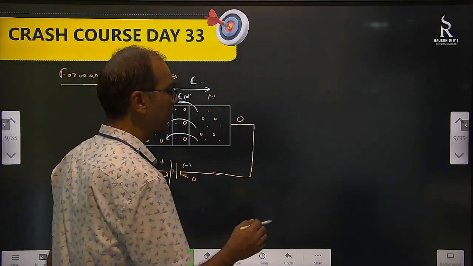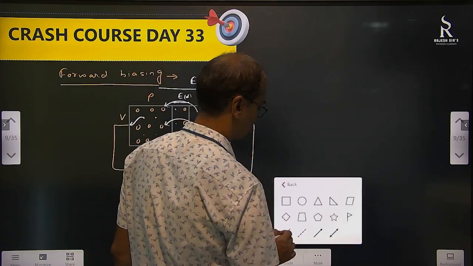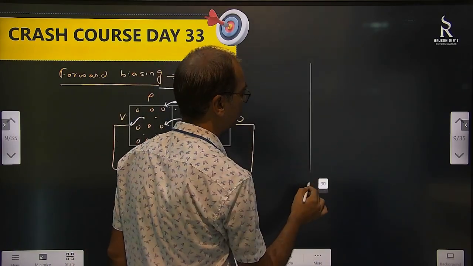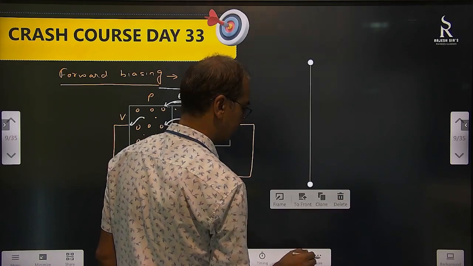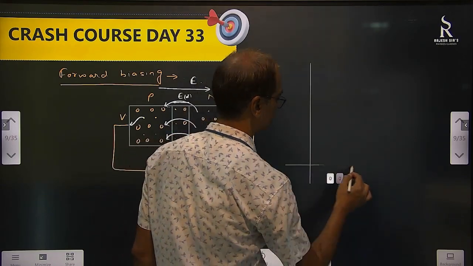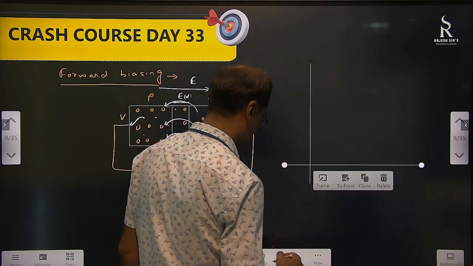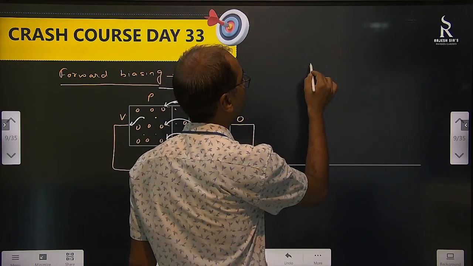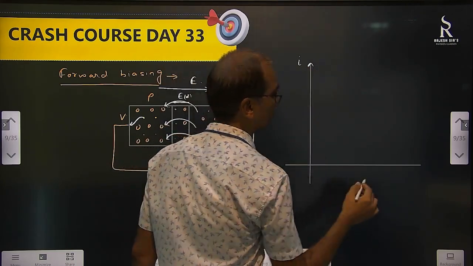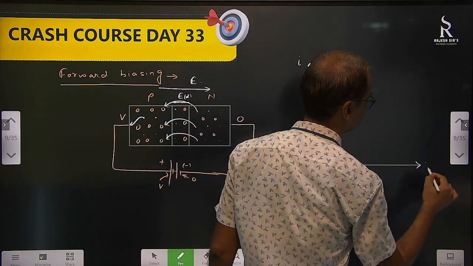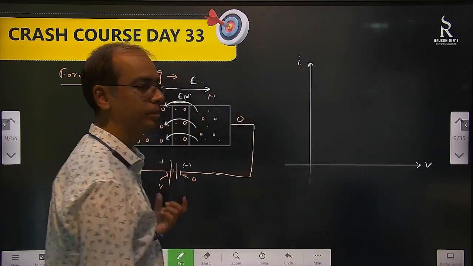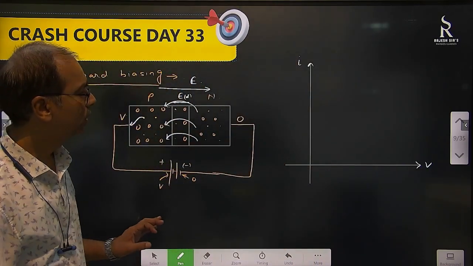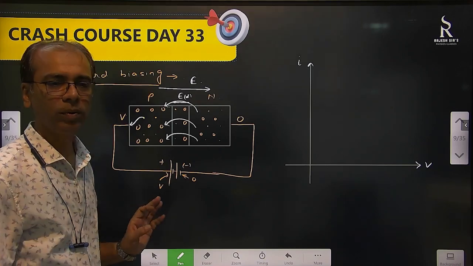So let us make the graph for this one. This is current, and here is potential, meaning the external potential that we are applying. Initially, when V is 0, do we get current here?